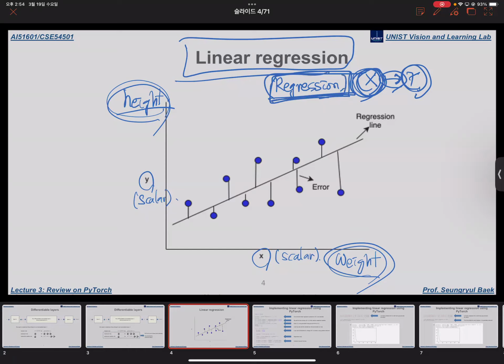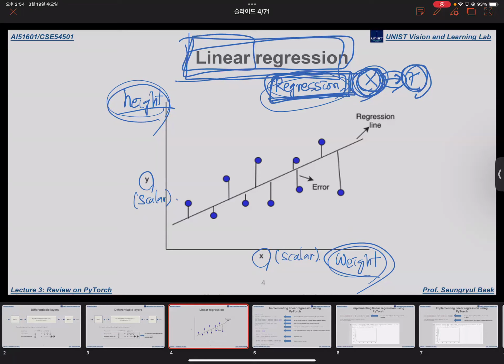In general, if we estimate some continuous value from some continuous variable, then it is called regression. But linear regression can be applied when there seems to be a linear relationship between X and Y. So in that sense, linear regression is the simplest form of regression.